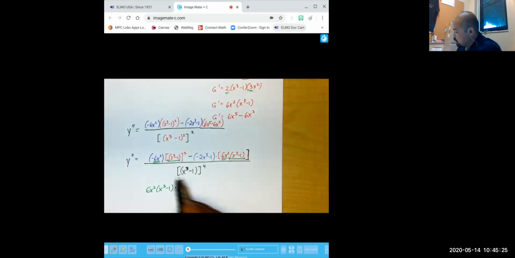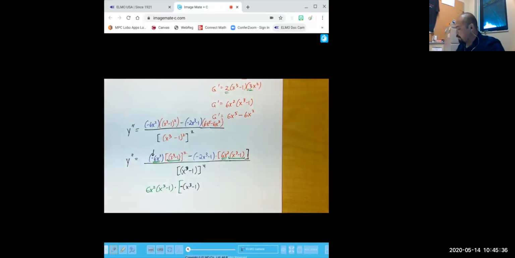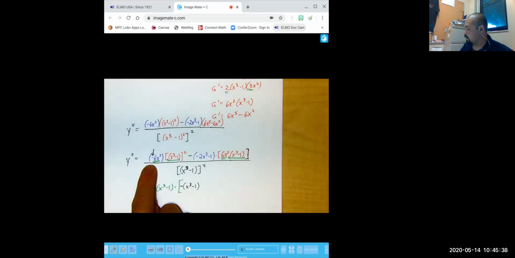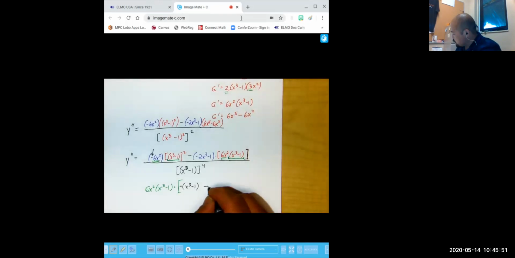If I factor that out, this was an x cubed minus 1 squared, so there's still an x cubed minus 1 to the 1st power there, and also my negative. Let's not forget that negative sign. And again, I'll probably bring in that negative and work with that as we go along. Minus, I still have this negative 2x cubed minus 1.